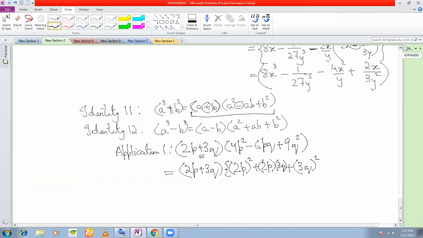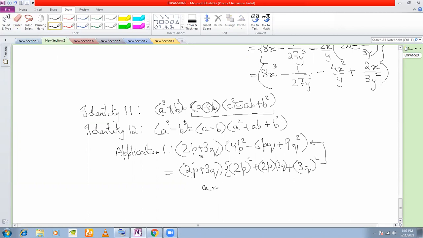Yes. Now let's see whether we are getting this. We have just rewritten this. Now let's see whether we are getting this one from this one or not. Are we getting 6pq here? Yes, we are getting. So therefore, what form is this?